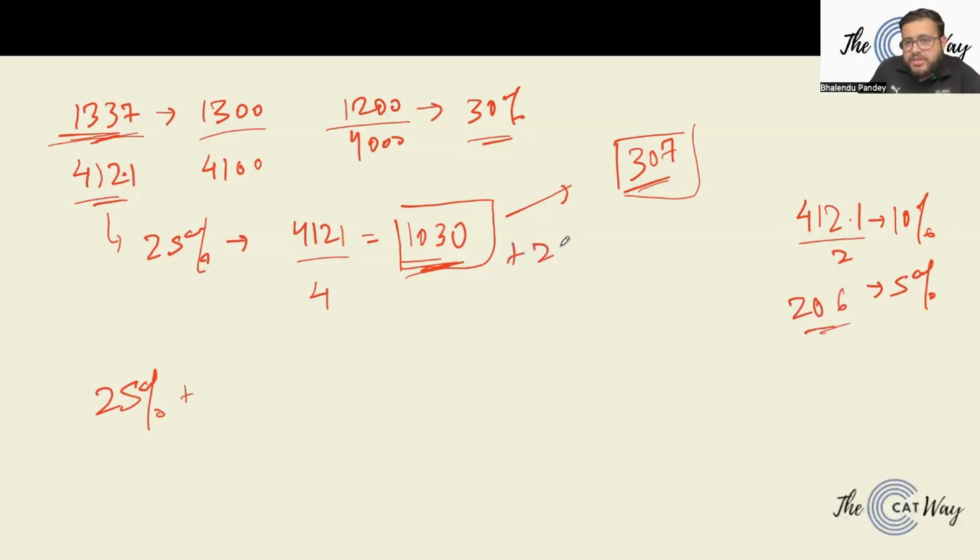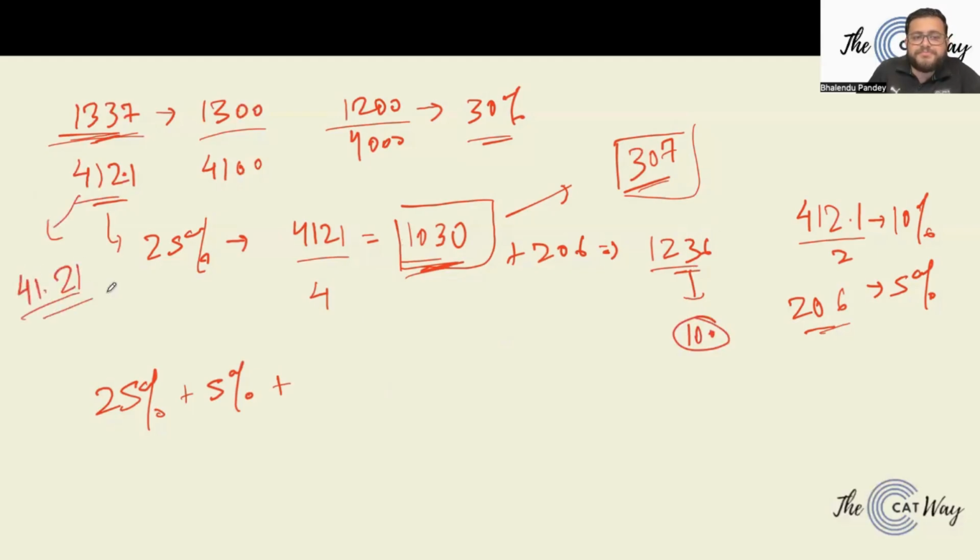So 1030 plus 206 gives you 1236. Correct? And we have added another 5%. Now we are left with just 100 points. Right? And my 1% is going to be 41.21. Right? If I add this 2 times, I go to 82.41. 41 will give me 82, 21 will give me 41.